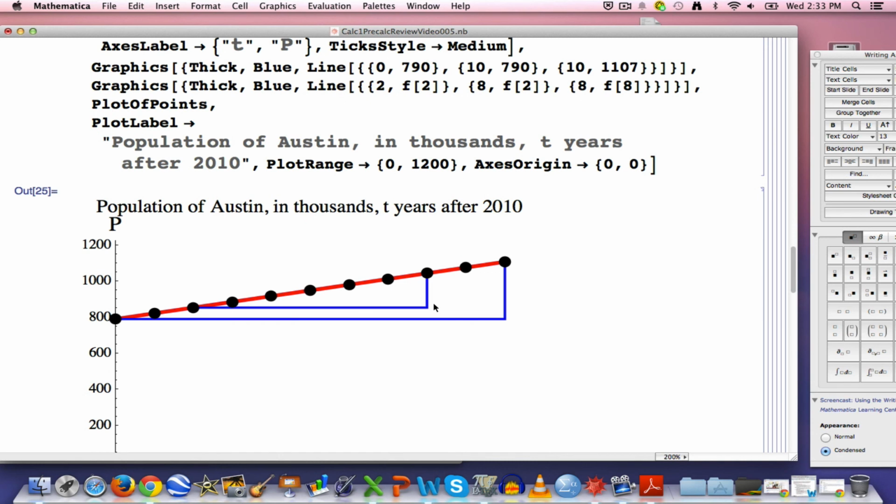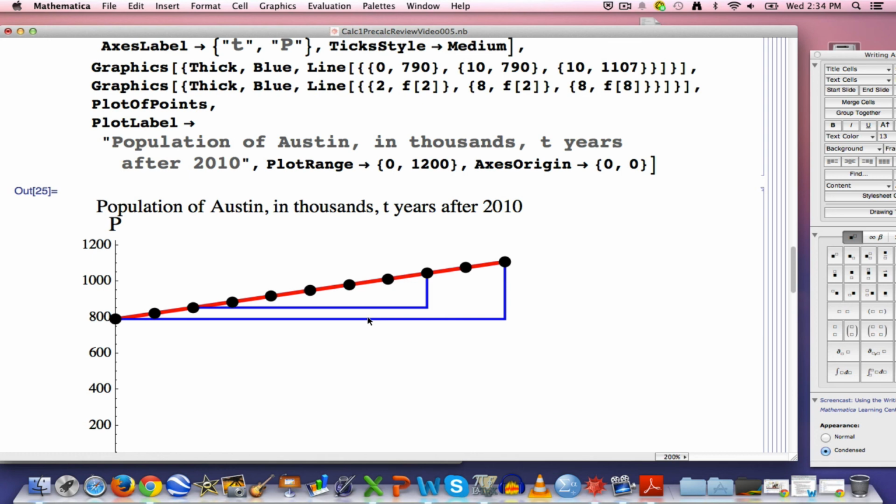These two right triangles are similar to each other. They have the same shape, the same angles, different lengths to the sides, but the same angles. Because they are similar triangles, the ratio of corresponding sides is the same. Rise over run in both cases is the same number, and in both cases is the slope m, in this case 31.7 thousand people per year.